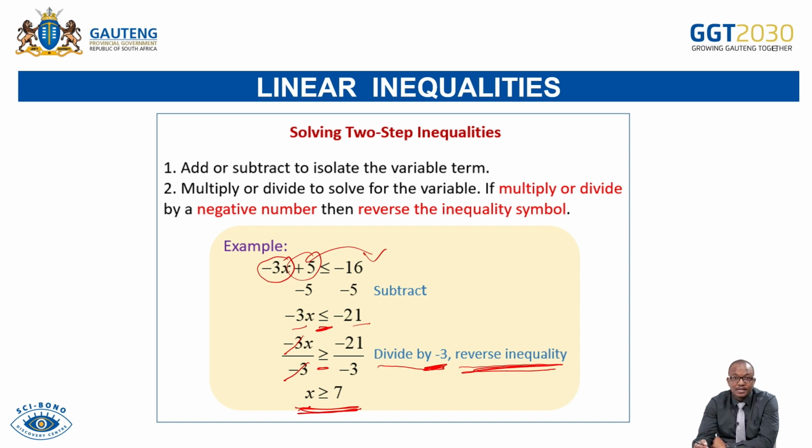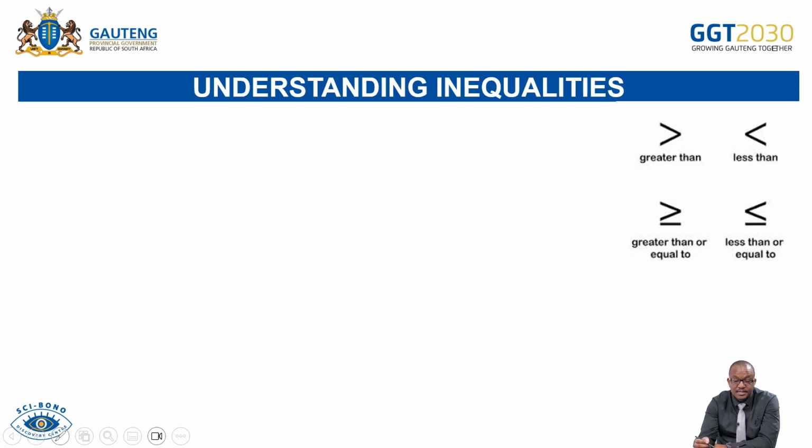So now those are the few things that you need to understand, especially when you divide by a negative number when we're dealing with inequalities. The inequality symbol will change the direction. So now, we need to understand how we deal with this inequality.